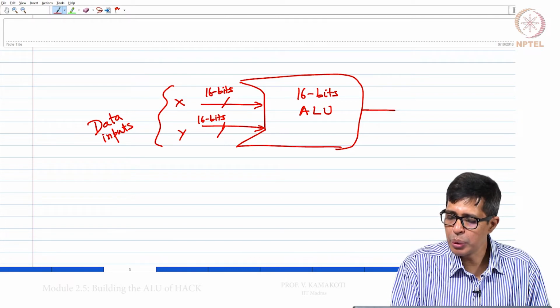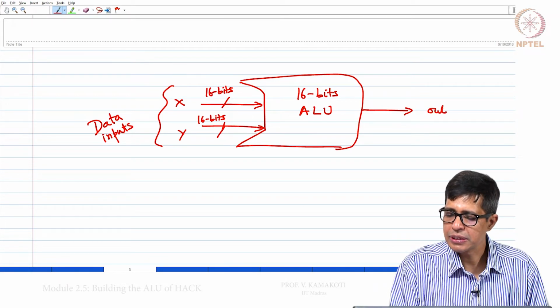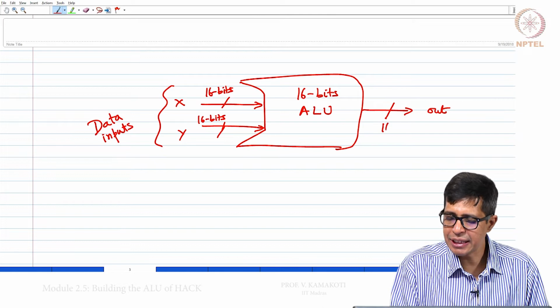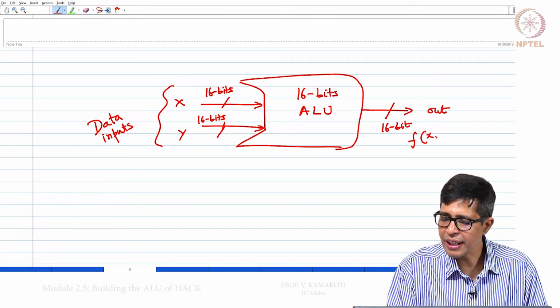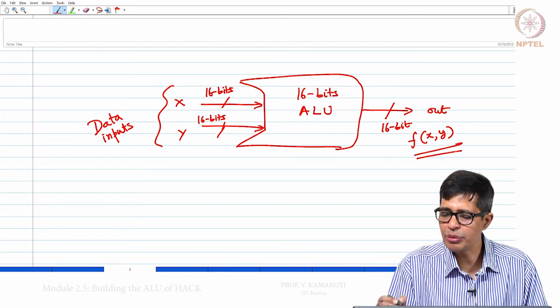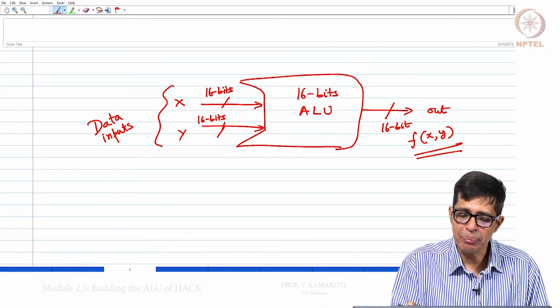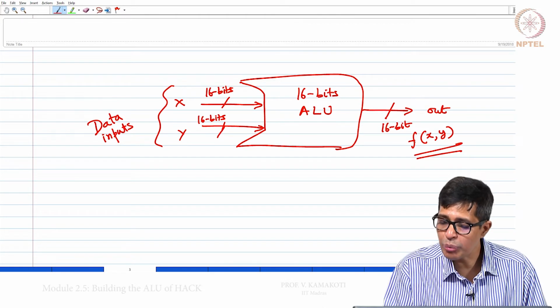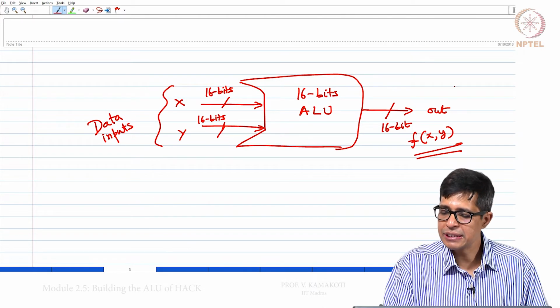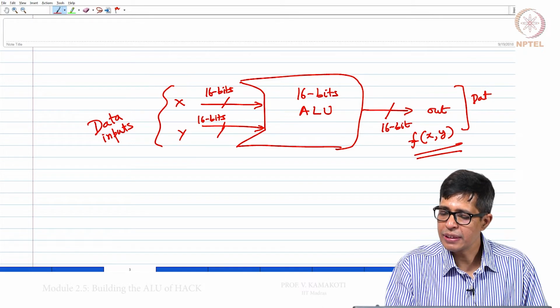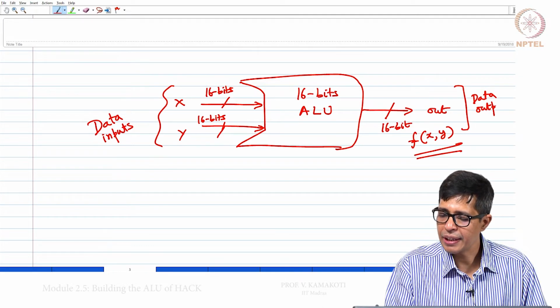And the ALU will output again a 16-bit answer, which will be some function of x comma y. What is that function? Some other inputs will determine what this function f is. This is the data output of the ALU.